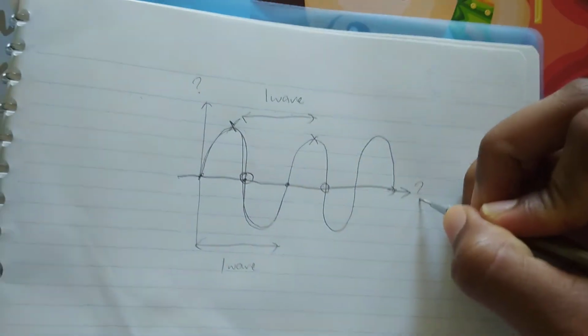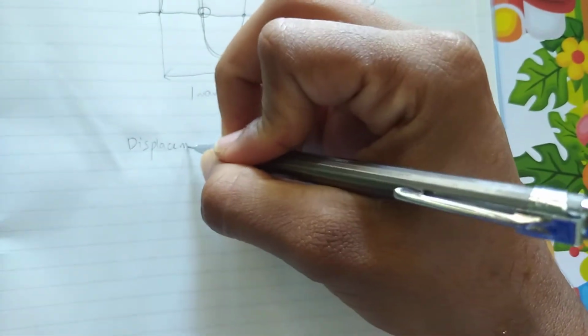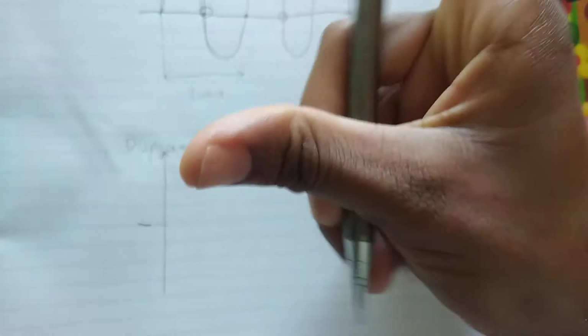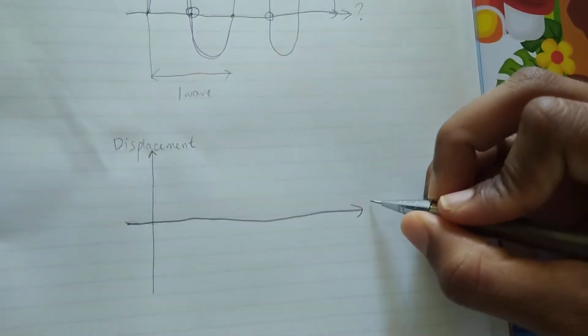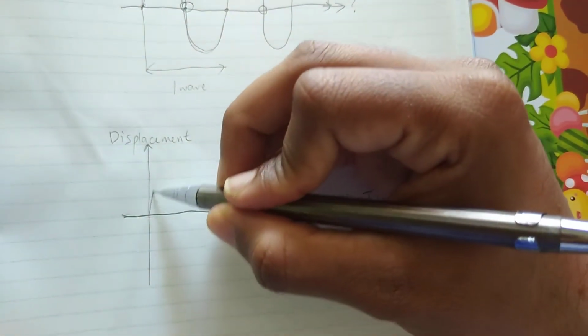The graph will have two different kinds. One is, I'm going to draw now, a displacement and time graph.